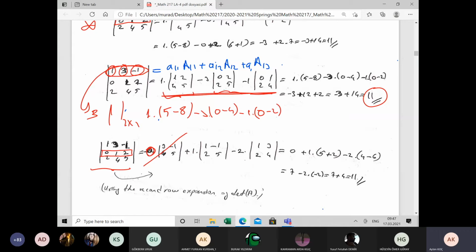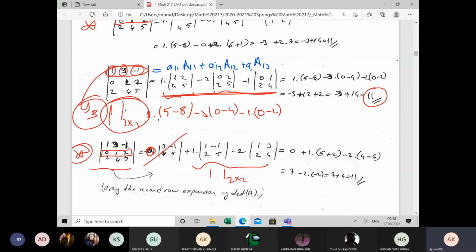I think it will be better to choose the second row, because the second row has a 0 entry. Also we claim that we obtain the same result, which does not depend on this choice. So let's see that.